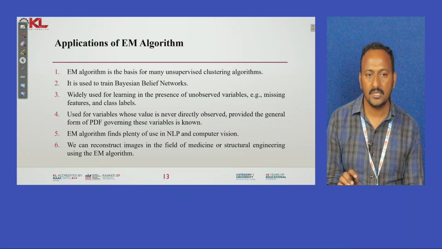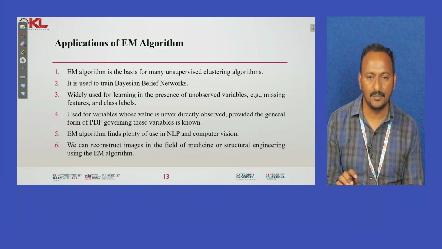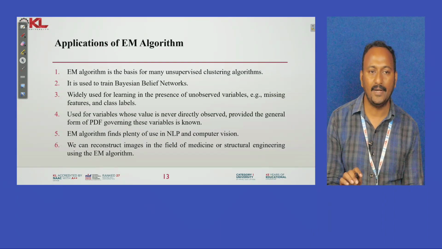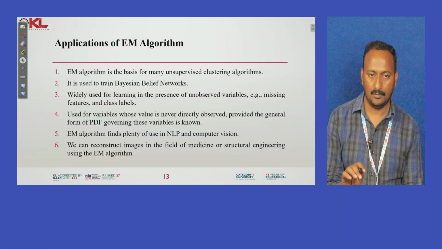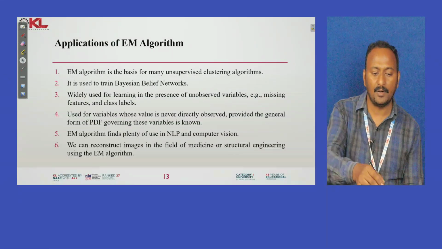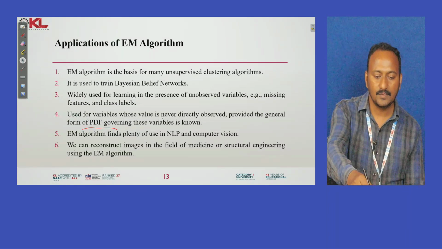The fourth application is that it's used for variables whose values are never directly observed. Never directly observed means those variables are treated as latent variables. Given that the general form of the probability density function governing these variables is known, we derive the values for the latent variables.